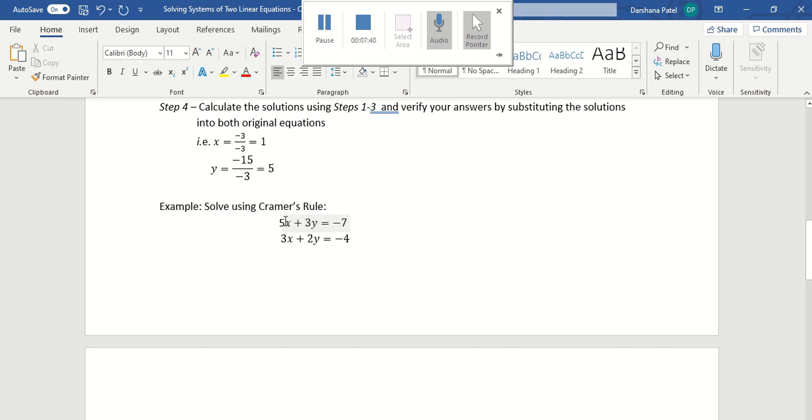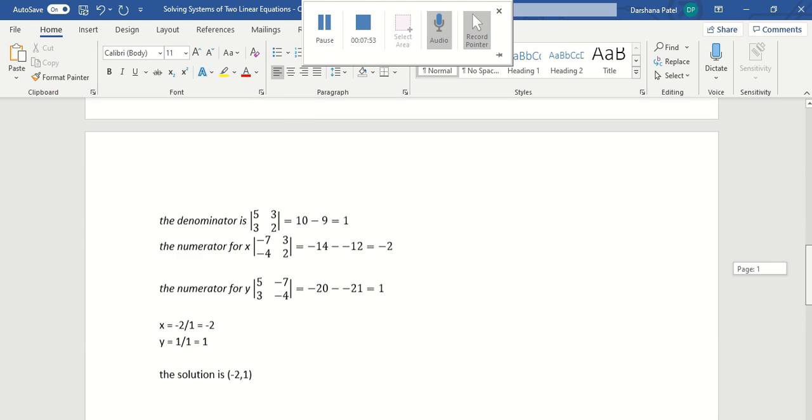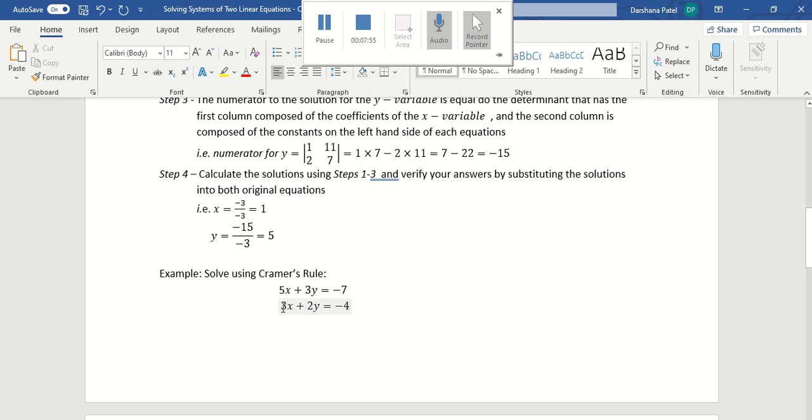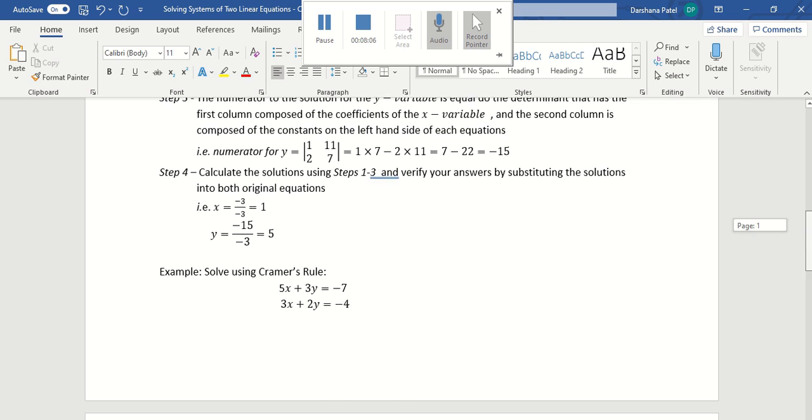Negative 2 times 5 gives negative 10 plus 3 times 1, which is 3. Negative 10 plus 3 is negative 7. For the second one, with x equals negative 2 and y equals 1, negative 2 times 3 is negative 6, and 2 times 1 is 2. Negative 6 plus 2 gives us negative 4. So that solution is correct.